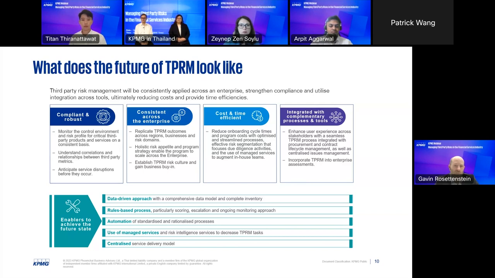When we say consistent across the enterprise, I mentioned that briefly before. So how do you get clarity and consistency across the organization, across the group, in terms of how you identify, assess, manage, and govern third parties? And when we talk here about third parties, it's not necessarily just what we would say, procurement-led goods and services. It's the ability to understand other types of third parties that may be included as well.